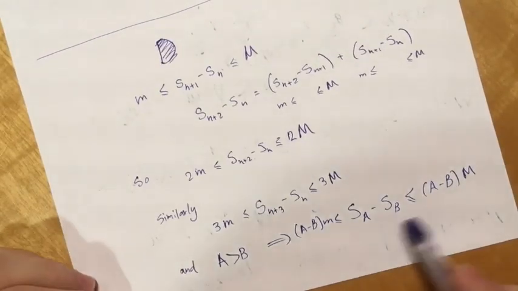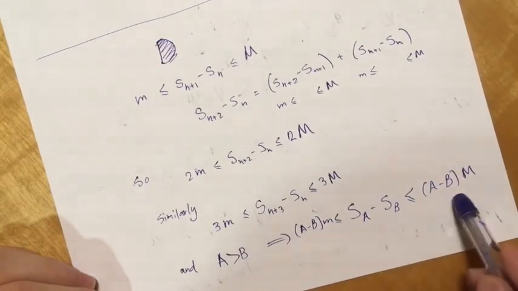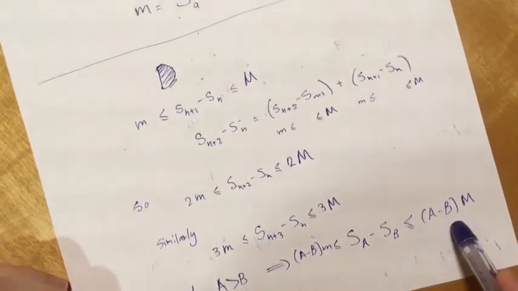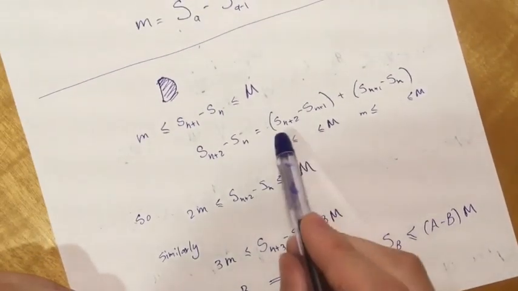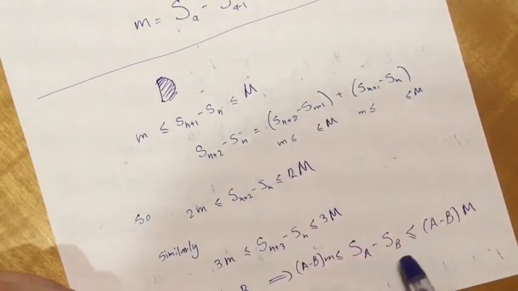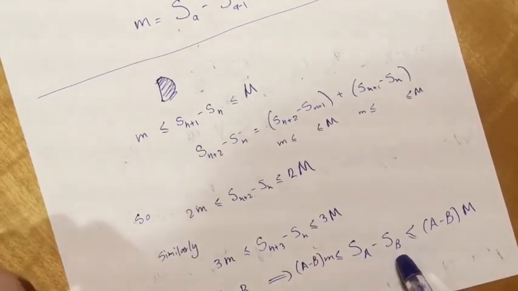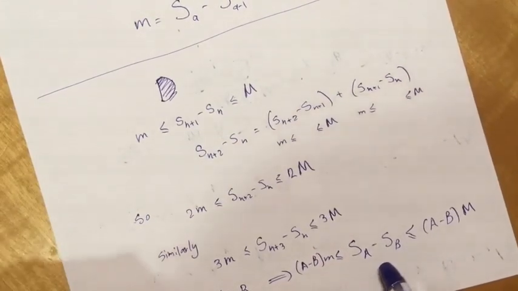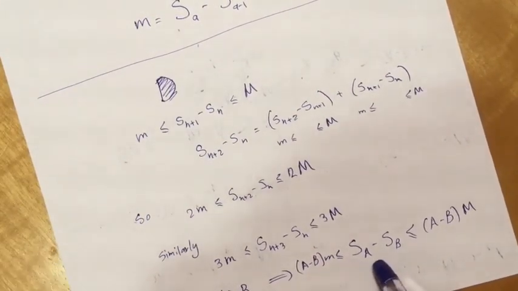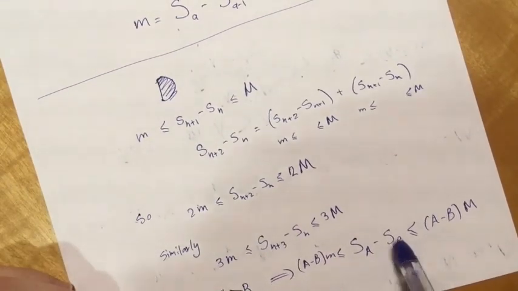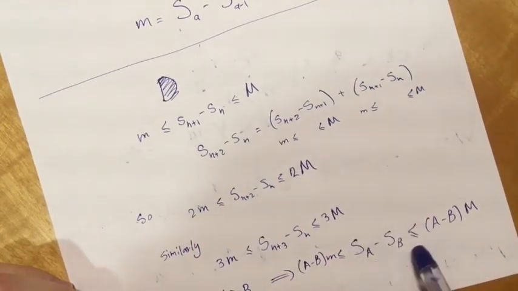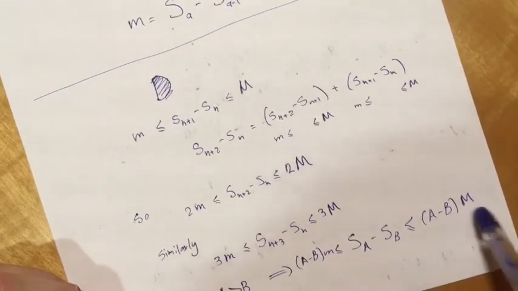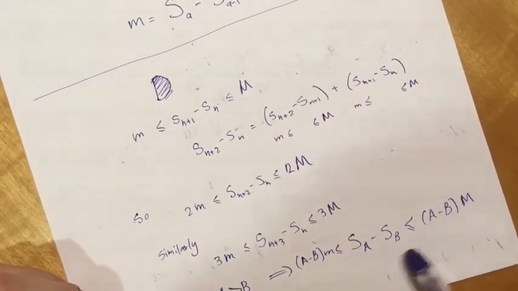The answer is they're equal if all these small differences, so S of b plus 1 minus Sb, all the way to S of a minus Sa minus 1, all these small differences that build up this larger difference, have to all be equal to the largest possible difference, capital M, for this equality to hold.